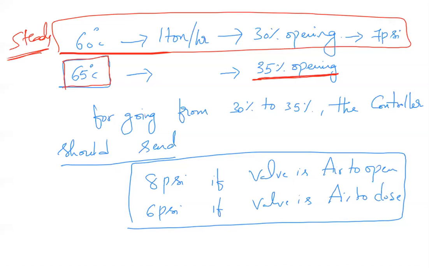For going to 35% opening, should the controller send a higher pressure signal or a lesser pressure signal? It depends upon the type of the valve, whether it is air to open type or air to close type. So this is how the controller works. Did you get the feel of the entire system?